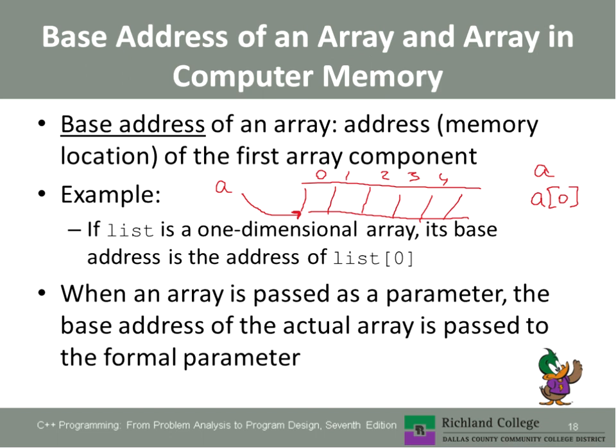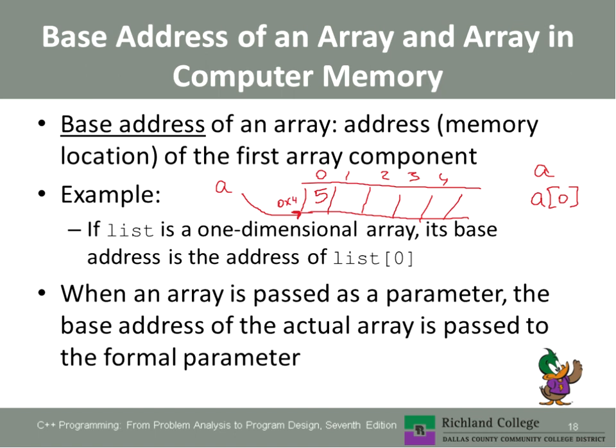So when an array is passed as a parameter, the base address of the actual array is passed to the formal parameter. So not the value. Okay. Let's see. We're holding 5 in here, right? But this base address is, let's call it 0x4.